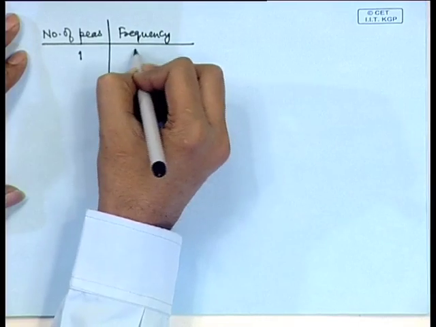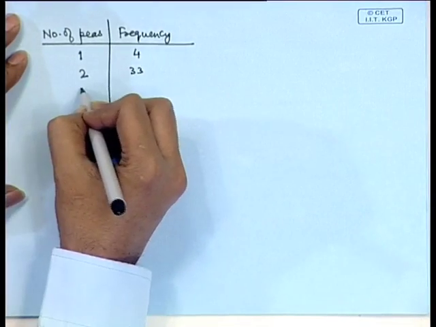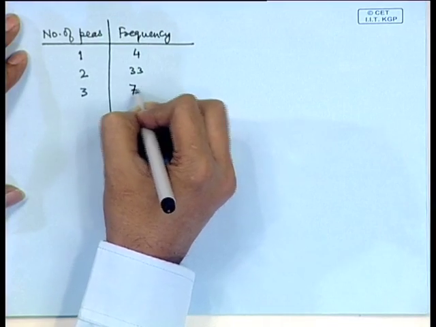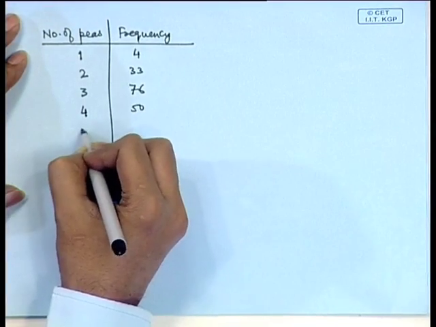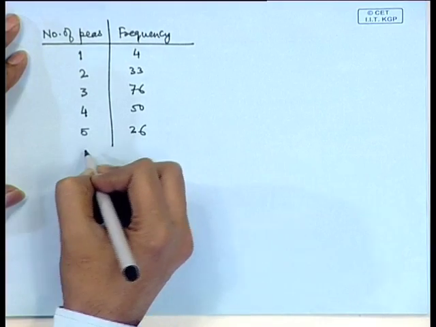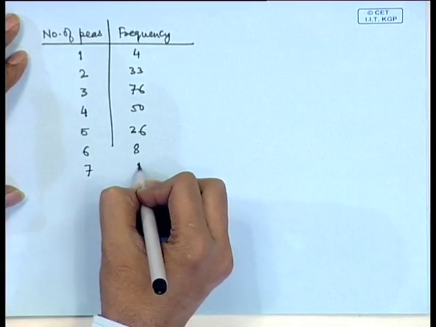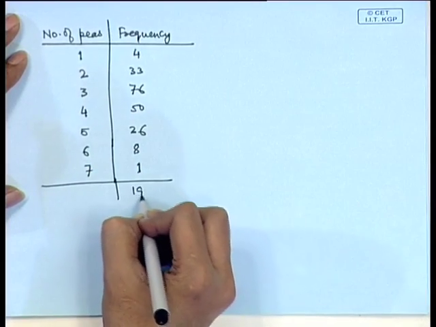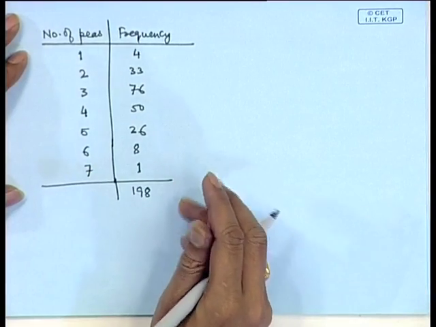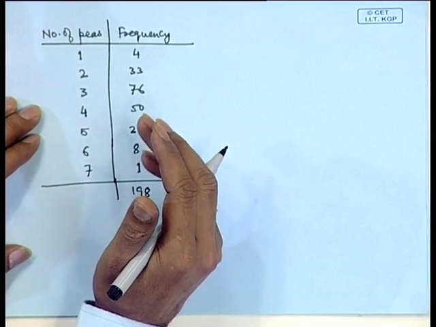So, 1 is occurring 4 times, 2 is occurring 33 times, 3 is occurring say 76 times, 4 is occurring 50 times, 5 is occurring 26 times, 6 is occurring 8 times and 7 is occurring once. So, this total sum is 198. This is called basic frequency distribution.